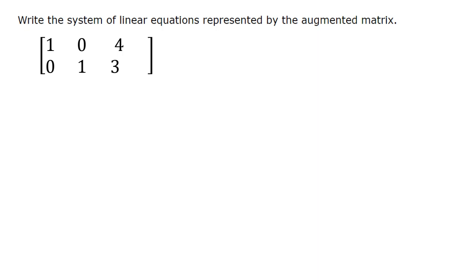So let's look at this example. Write the system of linear equations represented by the augmented matrix. Okay. All right. So here, let me go ahead and put it on here. We had our equal sign here for our augmented matrix form. For this one, we see that we covered this part right here.